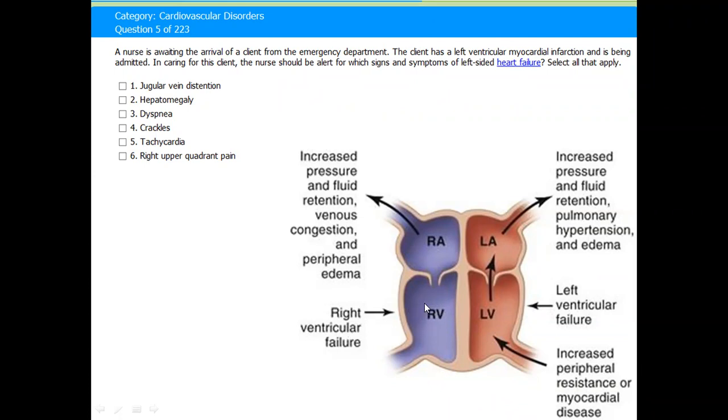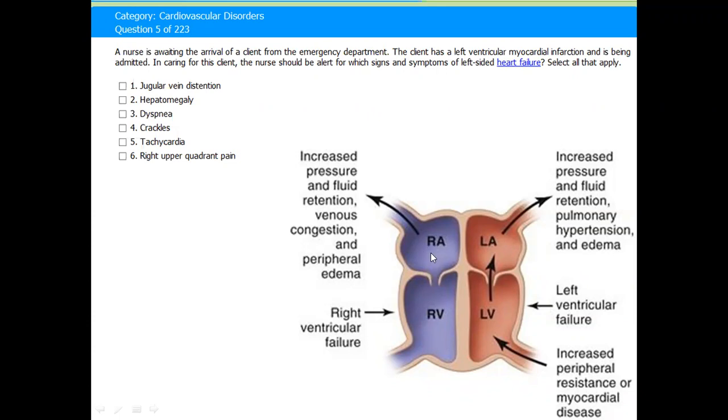Blood is supposed to go from the right ventricle to the lungs, but in case of right heart failure, blood does not go forward. Blood goes back in the backward direction because of right heart failure.